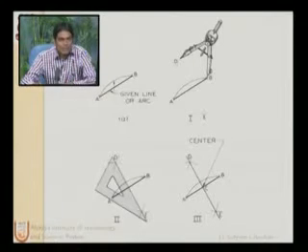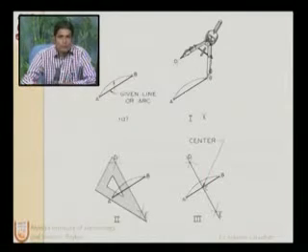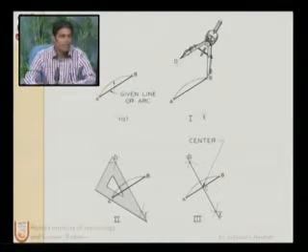So it will intersect at the point D. With the help of a triangle or scale, repeat the step, and just as we got D, we can get the point E.